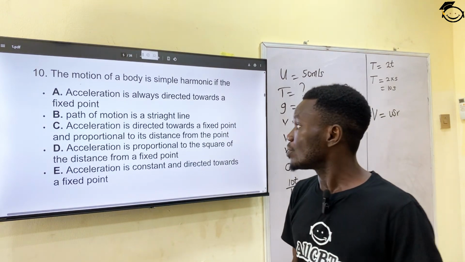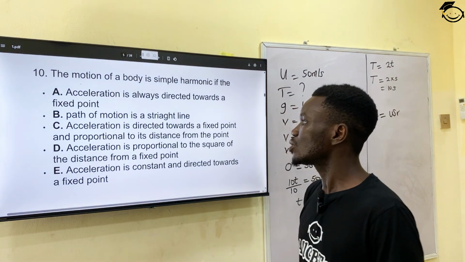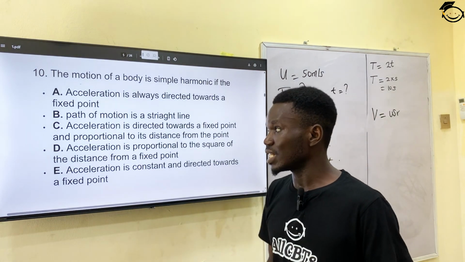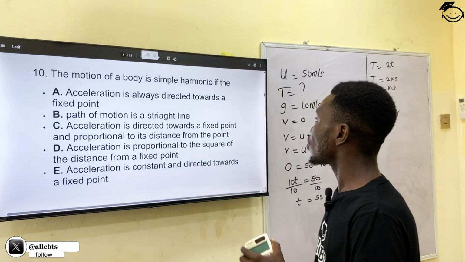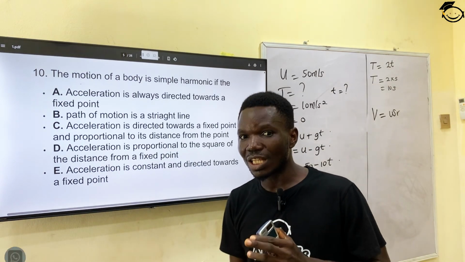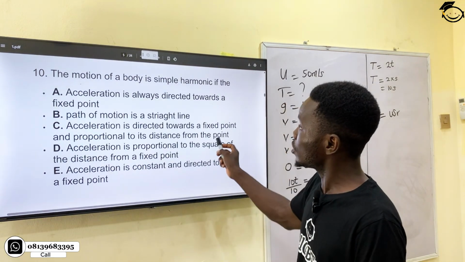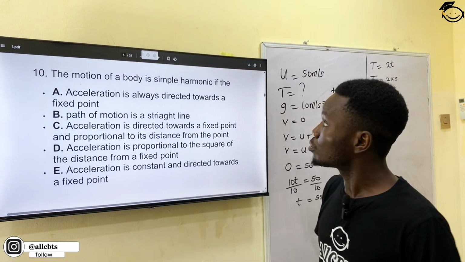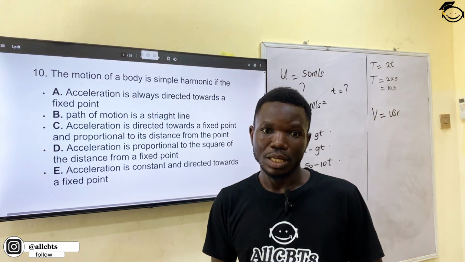And E, if the acceleration is constant and directed towards a fixed point. The correct answer is C, which says that the acceleration is directed towards a fixed point and is proportional to the distance from the point. That is the condition for simple harmonic motion to occur in a body.